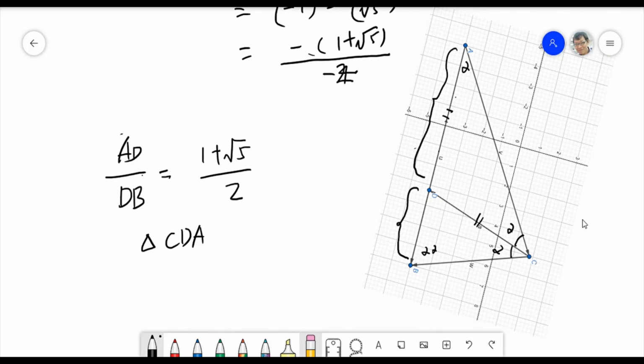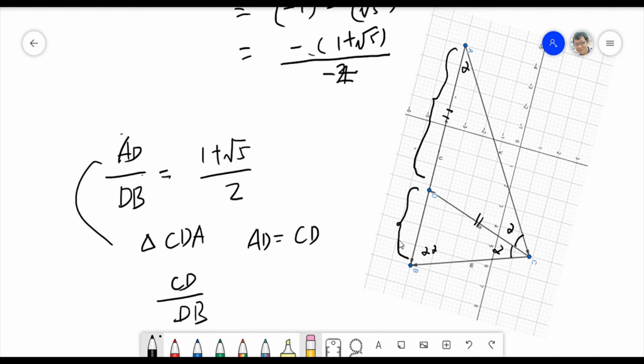So AD equals CD, right? Now we can change this to CD divided by DB. What we want to find is that it equals 1 plus square root of 5 over 2.